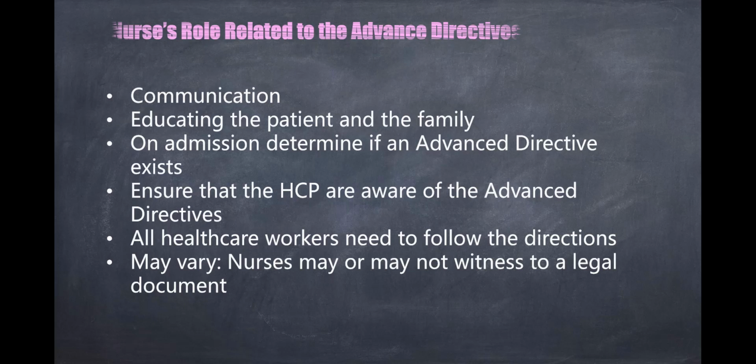Is the patient DNR or not, DNI or not? And next, communicate with the healthcare provider that they have to review the code status every time there's a change in the patient's condition. So that's it for advance care.